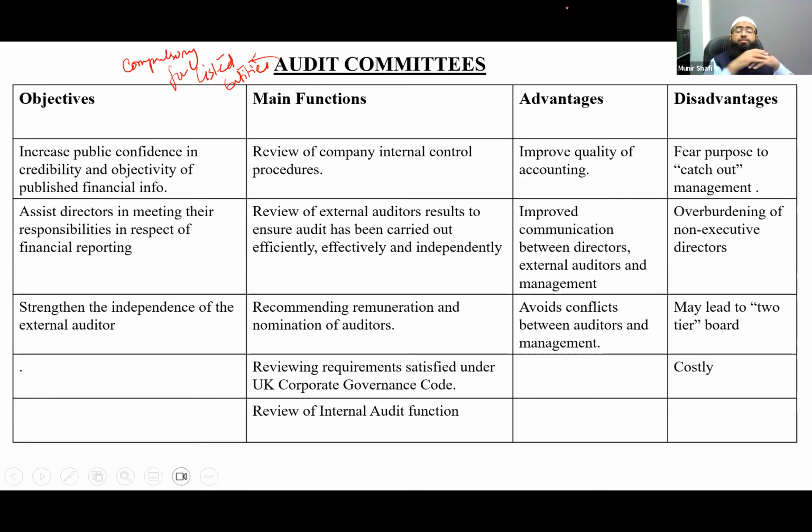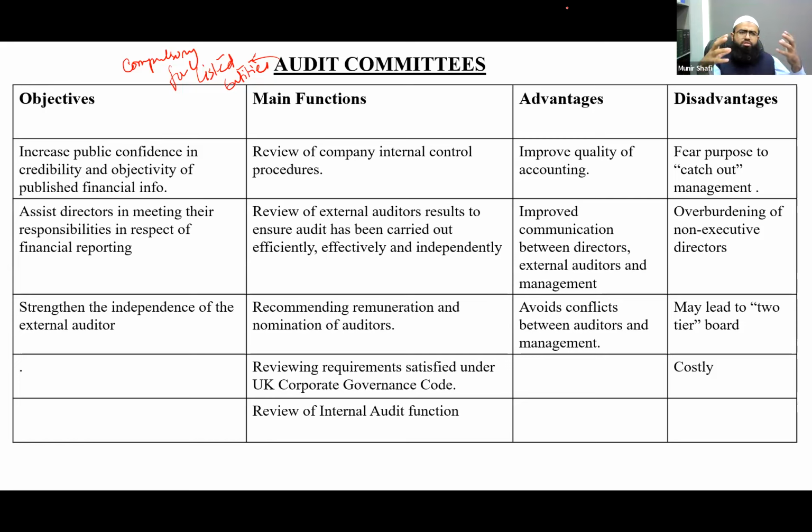But what are the disadvantages? Fear, with the purpose to catch out management. What does it mean? Deterrence. Management is also a bit deterred.